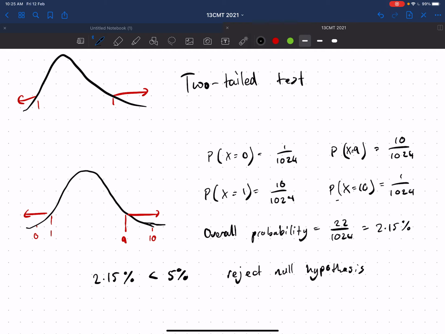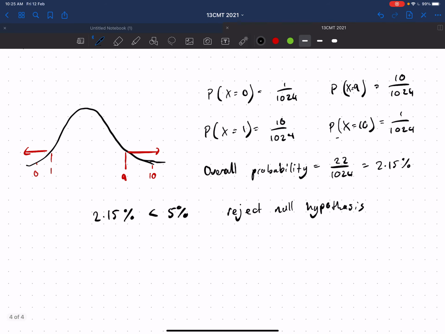And at that point, you'd also write a statement of what that means.